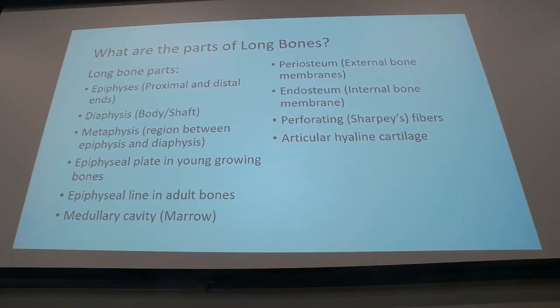In the long bones, if the person is still growing in height, the person will have a plate of cartilage. This is called the epiphyseal plate. Once the person stops growing, that plate is substituted by a line, the epiphyseal line.